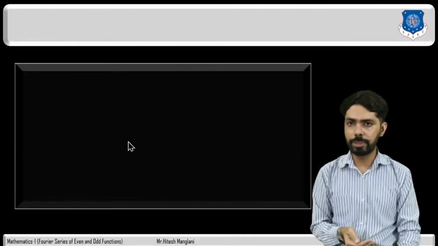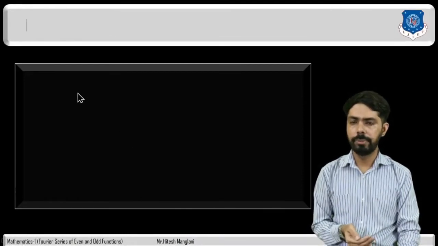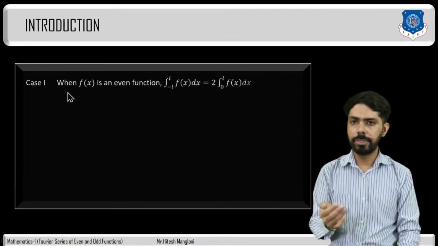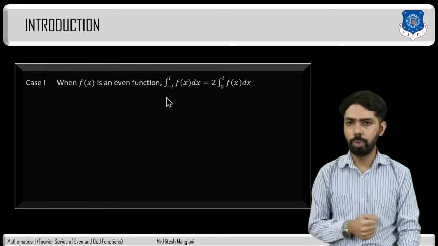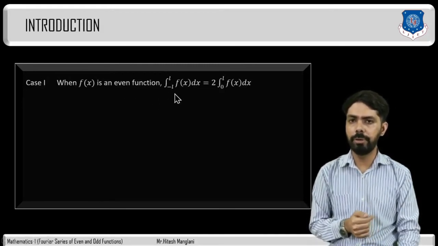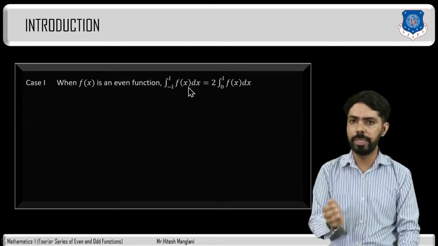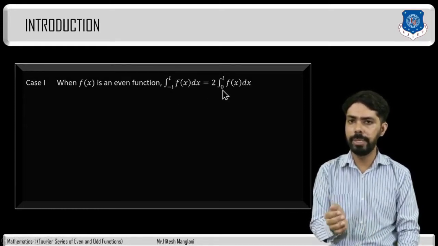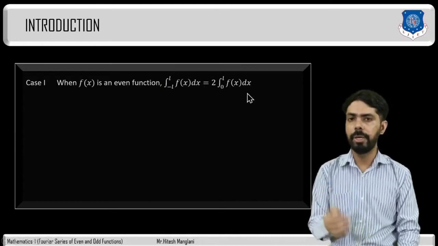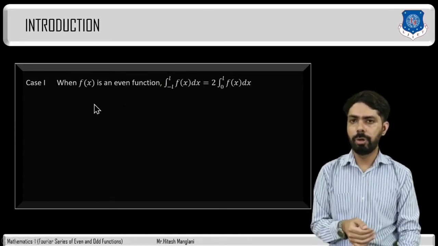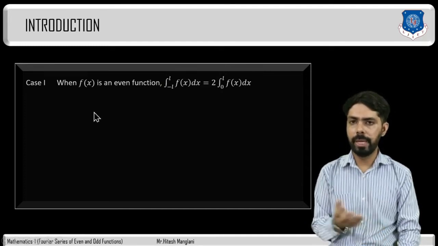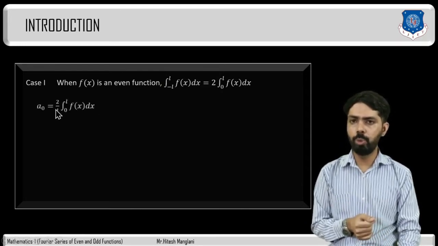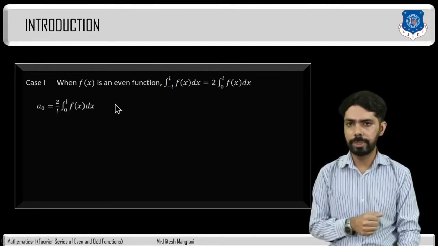Now we will discuss the first case, that is when the function is an even function. Then we know the property that integration from minus L to L f of x dx will be twice integration 0 to L f of x dx. So for this case, a0 will be 2 divided by L integration 0 to L f of x dx.